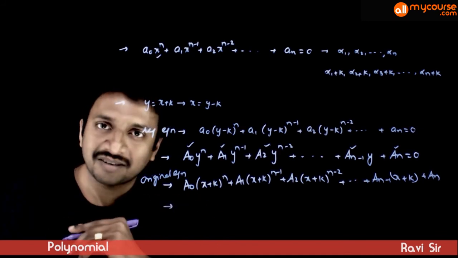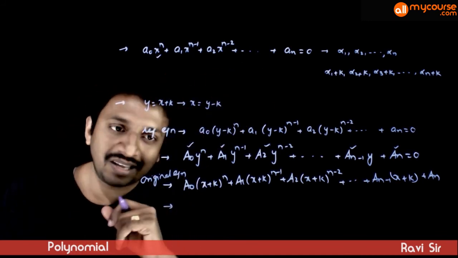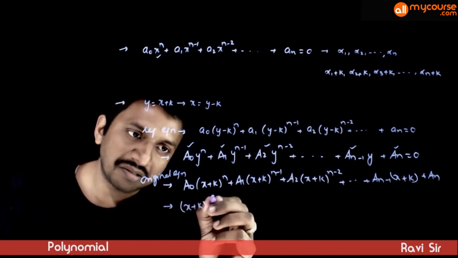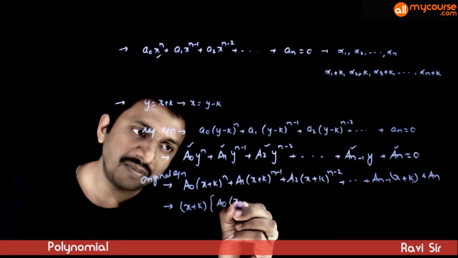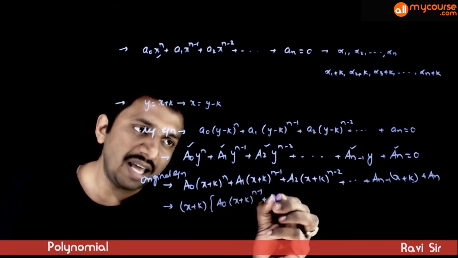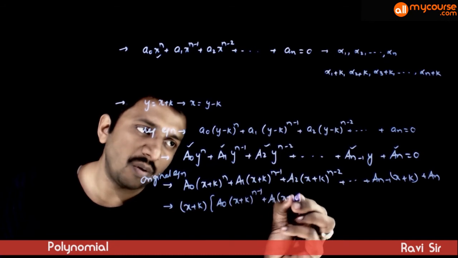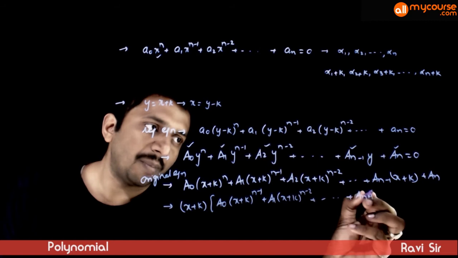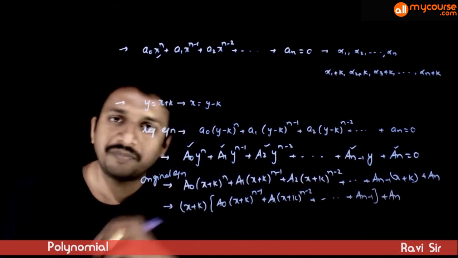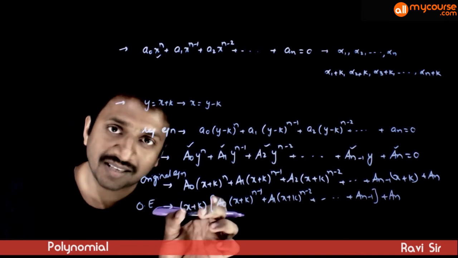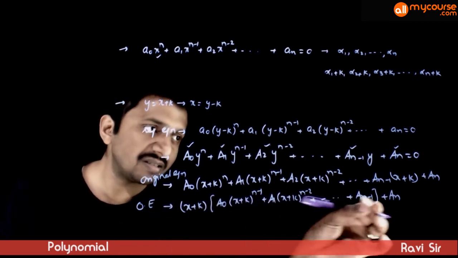So this implies the original equation can be written as (x plus k) times [A0 times (x plus k) whole power n minus 1 plus A1 times (x plus k) whole power n minus 2 plus so on up to A n minus 1] plus An. So the original equation can be written as (x plus k) times this plus An.